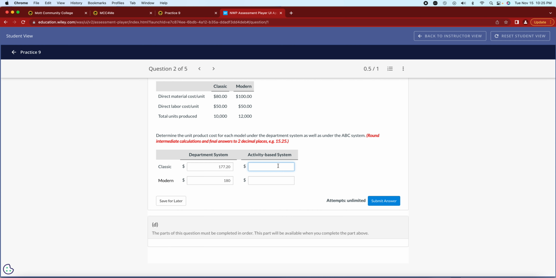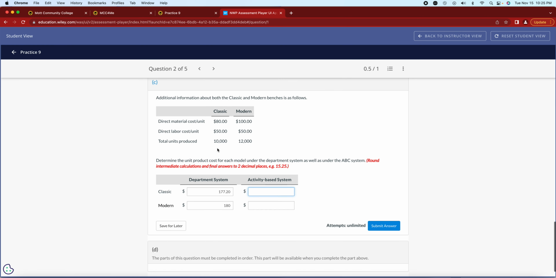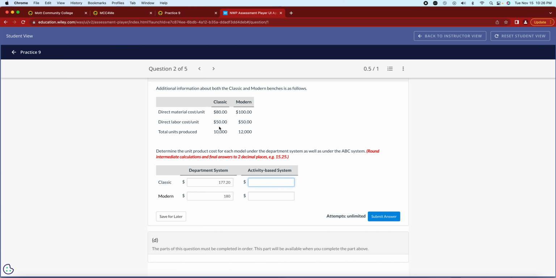Using the ABC system, we need to go back to where we calculated these total overhead costs. 317 for the classic divided by the 10,000. That gives us 31.70. We add that to the 130 we already had, giving us 161.70.